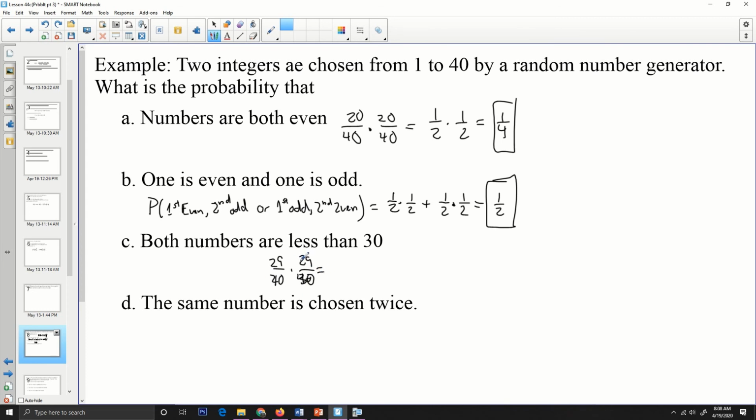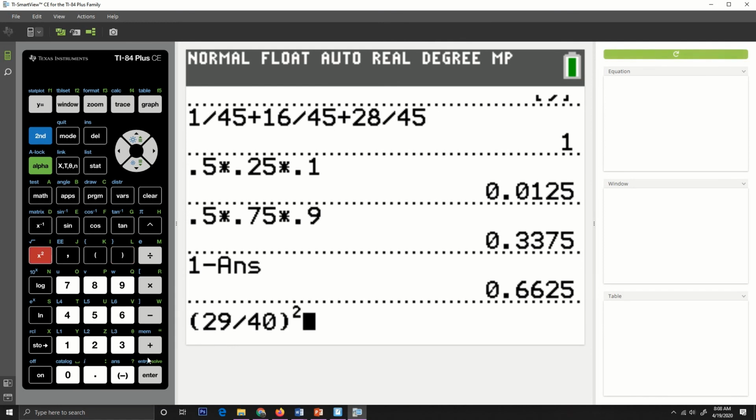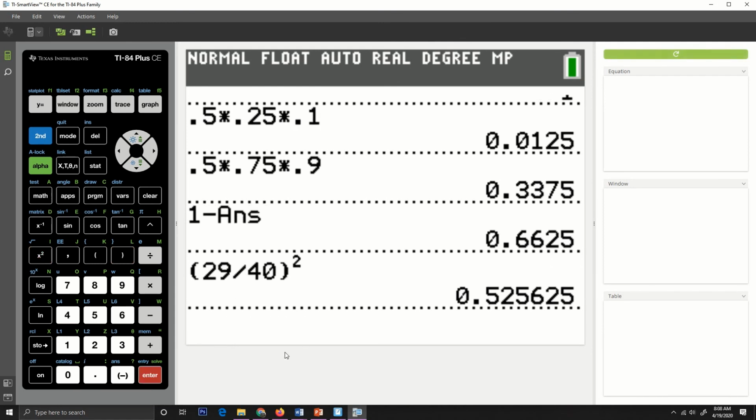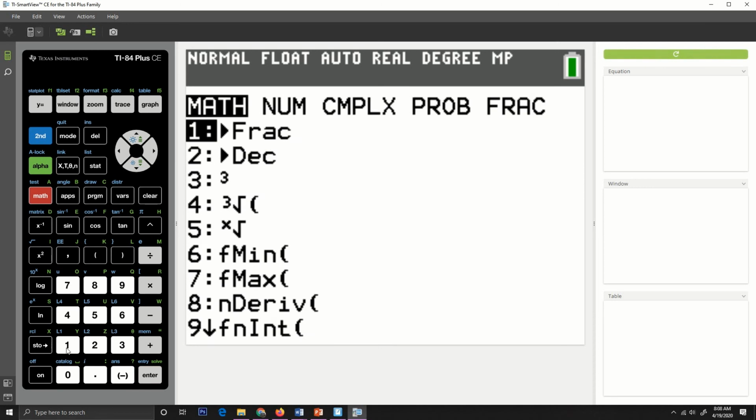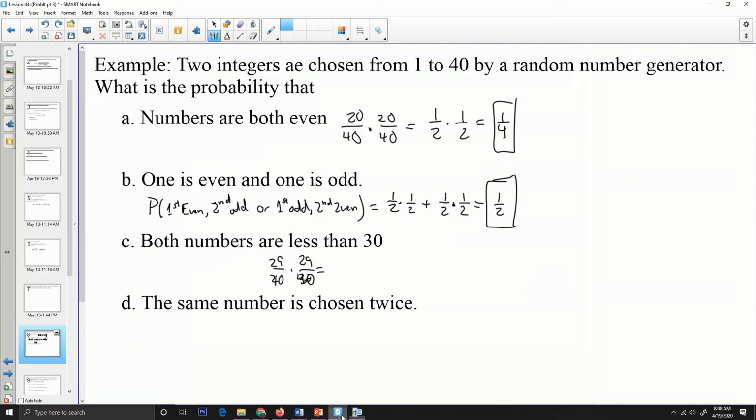So we get 29 out of 40 times 29 out of 40. Now that one's not going to come out very nice. So we will go 29 out of 40 and square it, and we'll get, can I get a fraction? Give me a fraction. 841 out of 1600.